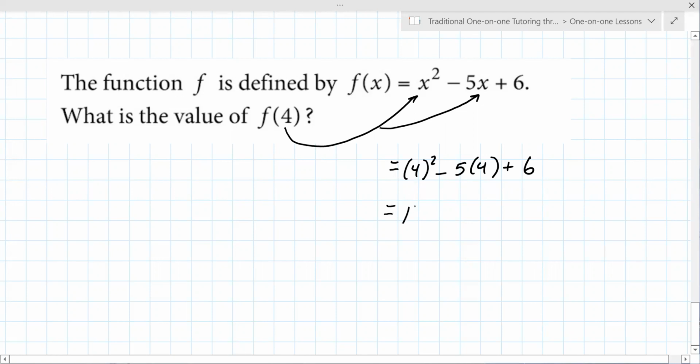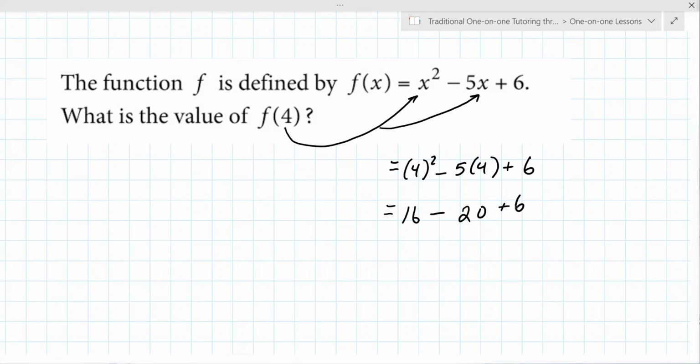That's 16. What is 5 times 4? 20. Okay, and now you just have to combine these 3 numbers. Okay. I'm writing all this down.